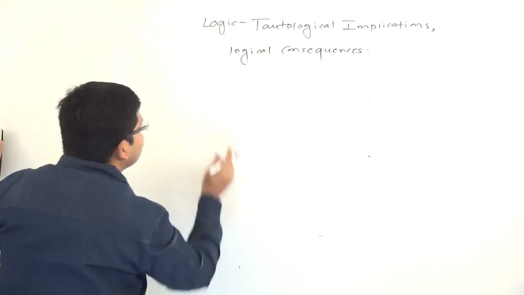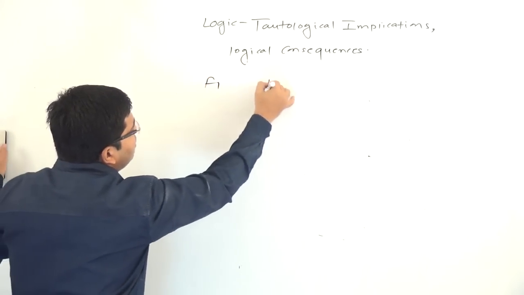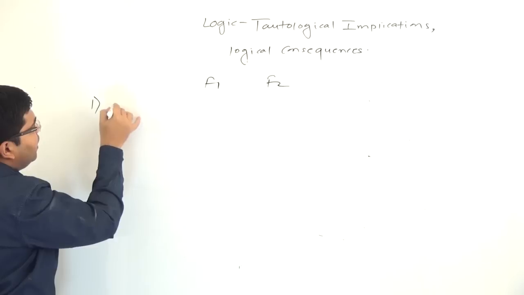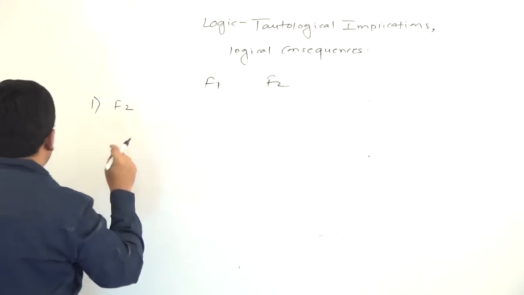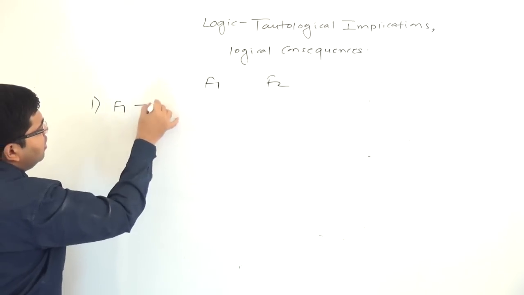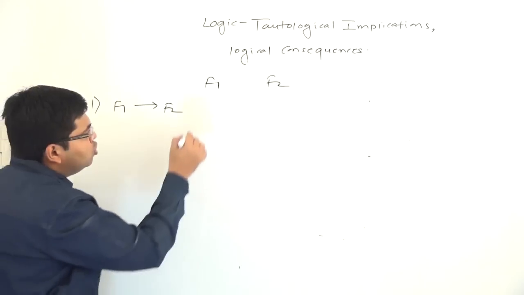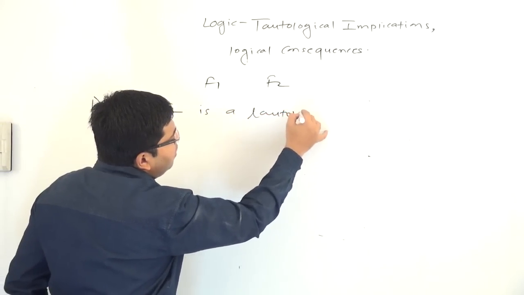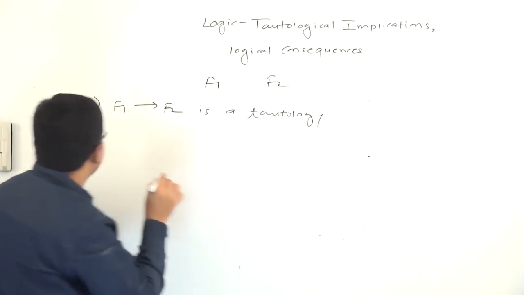Whenever you have got two formulae, F1, F2: number 1, F1 implies F2 is a tautology.